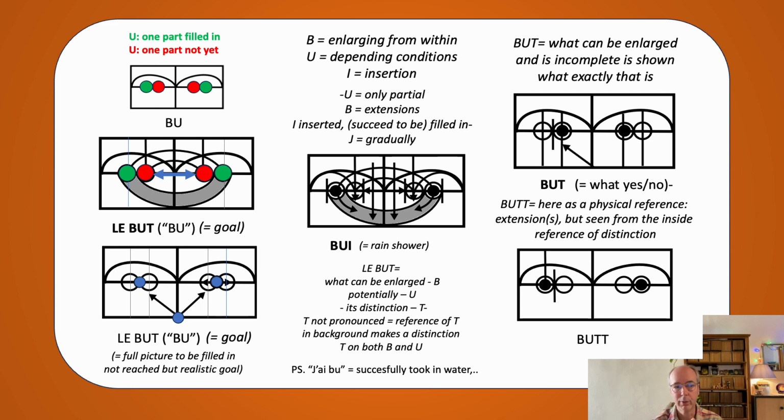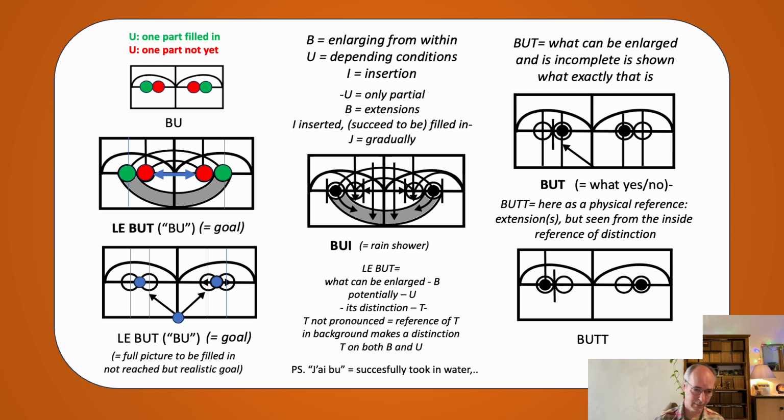In the BU there's one part which is filled in and another part which is not yet. The BU, le but, means the goal. Here you also have the knowledge that some part has to be filled in, that's a certainty, and some other part is not filled in, that's a certainty, that's a reality.